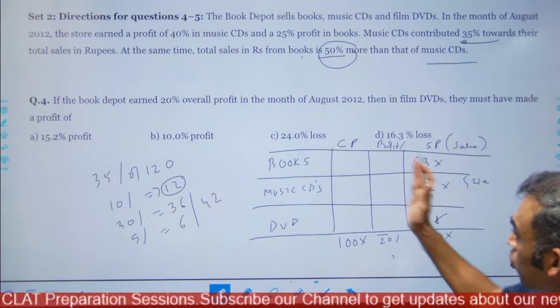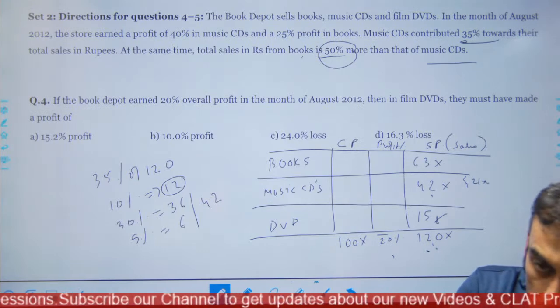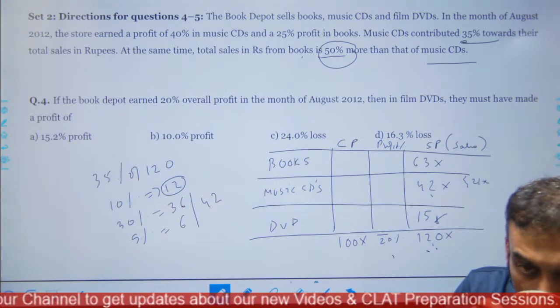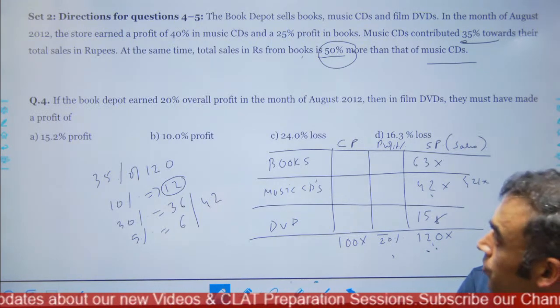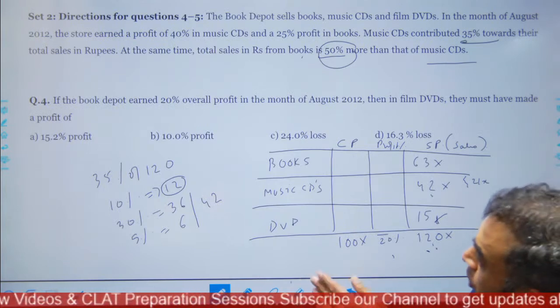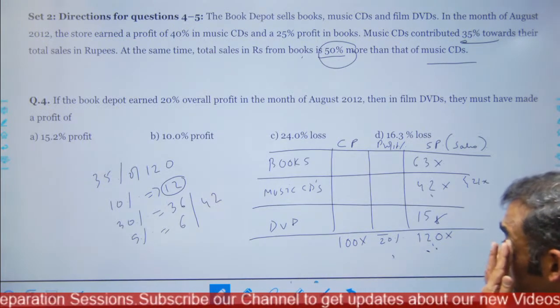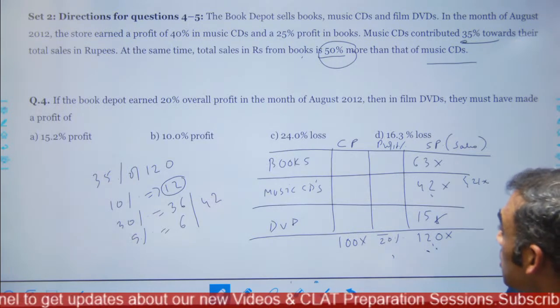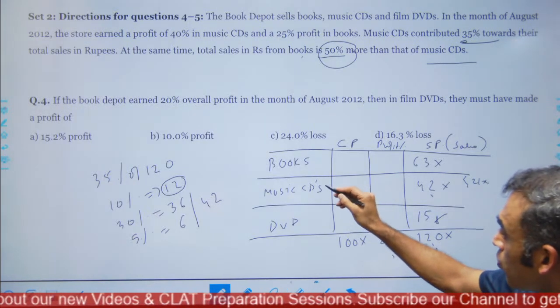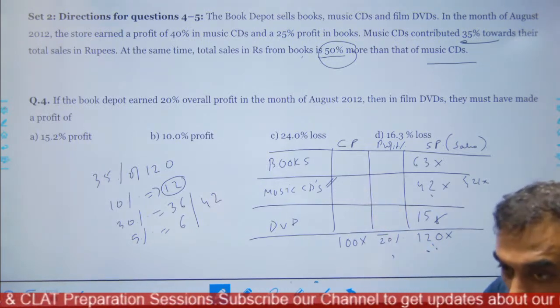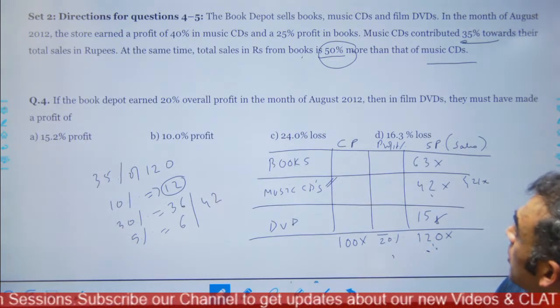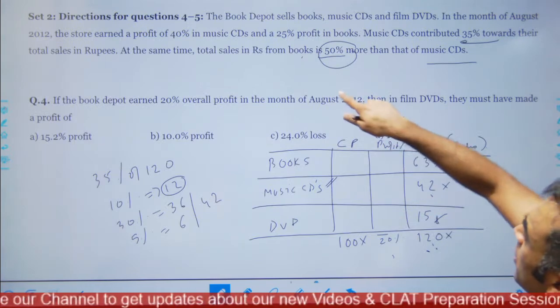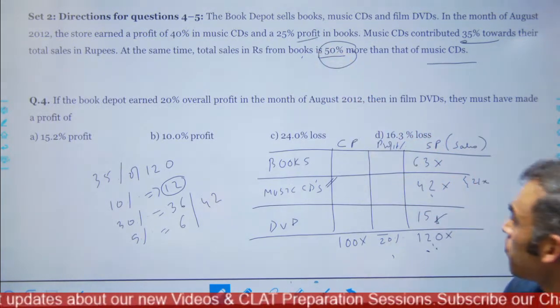Now we have to come to the cost part. Okay, so let's see the cost part now. You get a profit of 40% on music CDs. So tell me now, what will the CP of music CDs be? Similarly, you are given that there is a 25% profit on books.